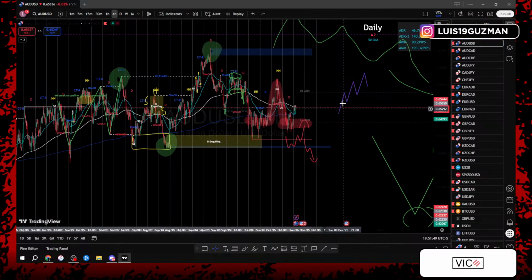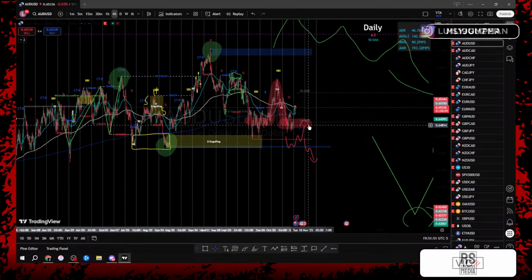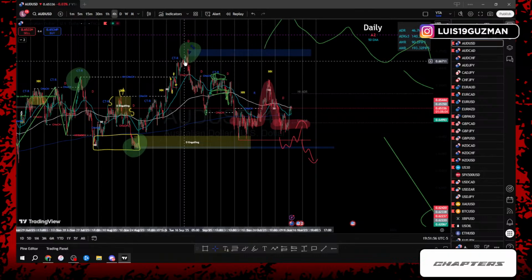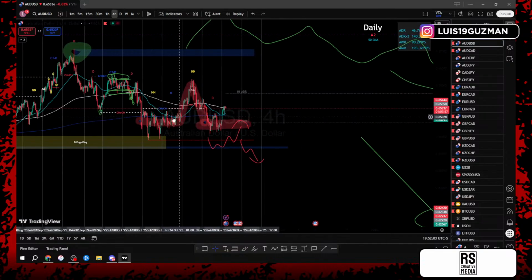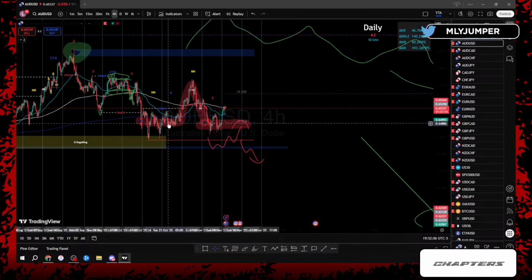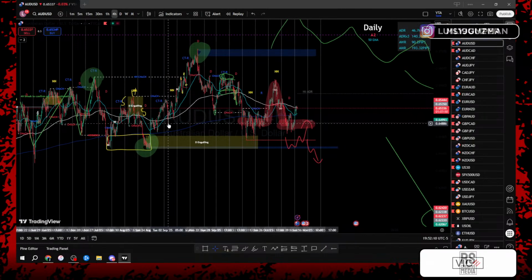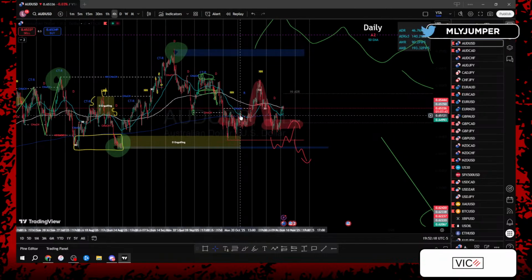So again, why would I be looking for a short position on a pair that's currently still making higher highs and higher lows? So the understanding is that, okay, yes, even though my entry strategy is being shown on the charts, I can't take this trade because market structure is telling me something completely different. So now I already know that this is an area in the market where the market makers are just inducing traders to get into a trade to hunt for stop losses.